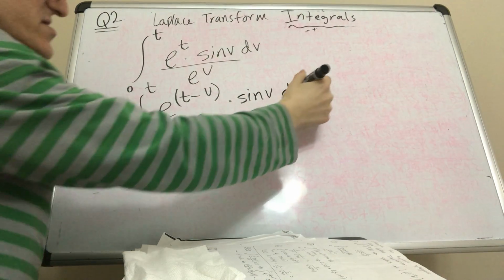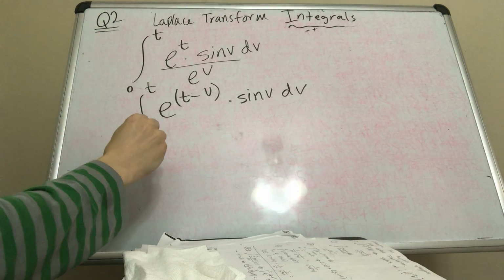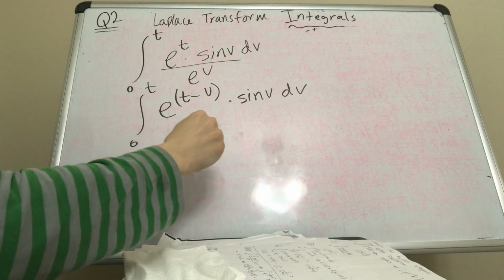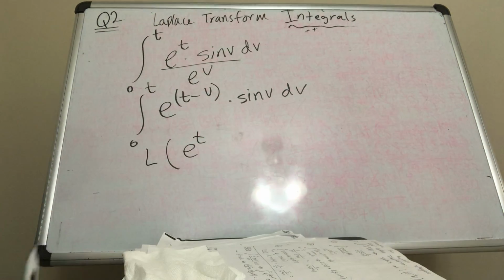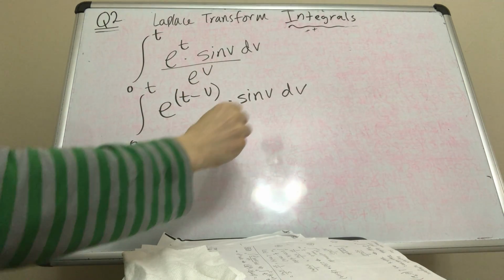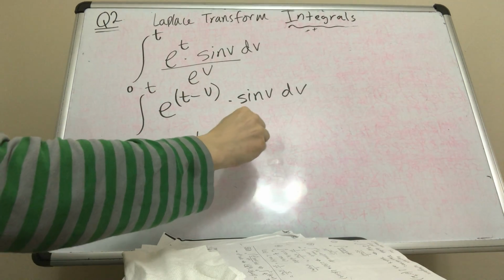Sine v dv. So again, it becomes like shifting, rule 16. For this one, you treat the one with shifting as e to the t, and sine v is sine t.